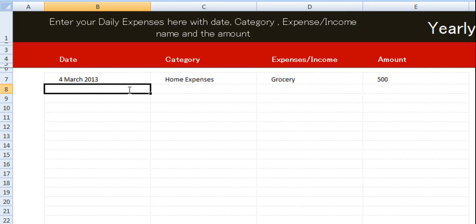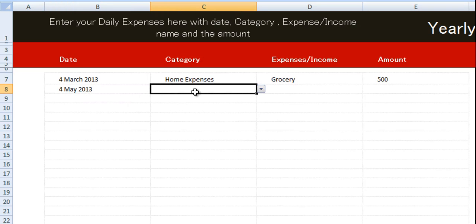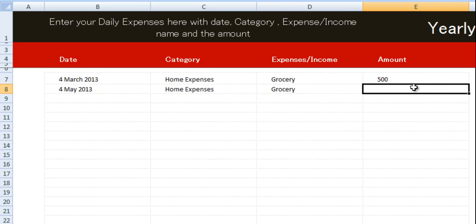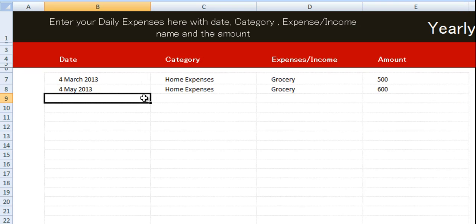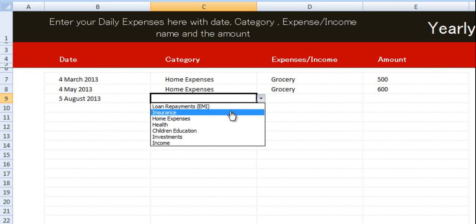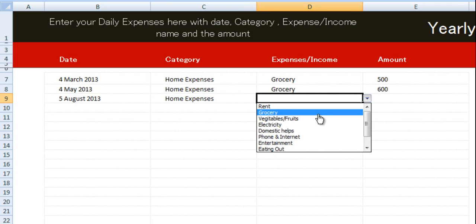Then let's say tomorrow you spend another 600 rupees on grocery, for example. So you put grocery from here, and you say that I have spent another 600 rupees. And then let's say on the 8th of May, I'm just putting some random number here, on this date you have spent something on vegetables and fruits.